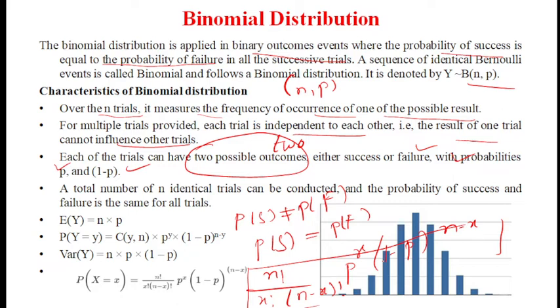Let us discuss the example for this binomial distribution. Let us take the example of a coin. How many times do we obtain a head if we flip a coin 10 times? How many times can we expect the heads?